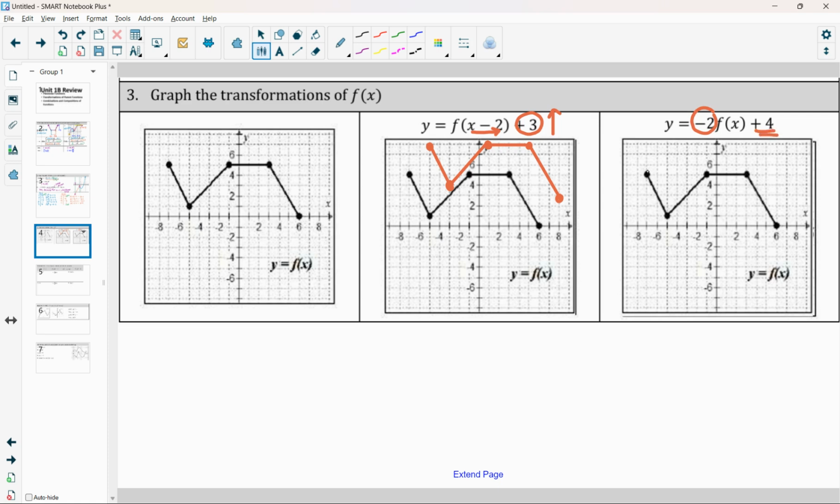So what I'm going to do is look at this point right here, and its y value is at 5. I'm just looking at the y value because both of these impact the range since they're on the outside. So that y value is 5.